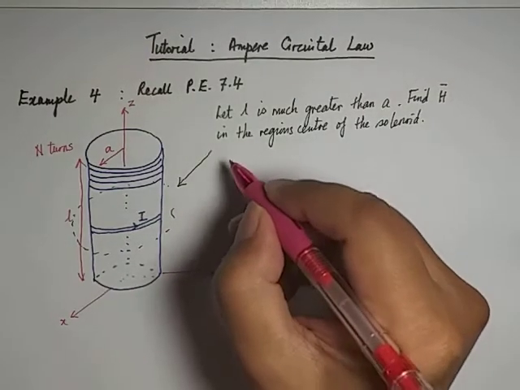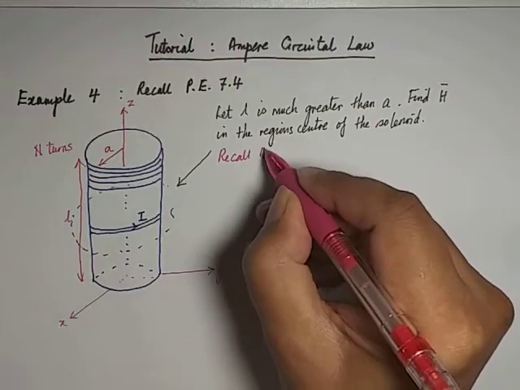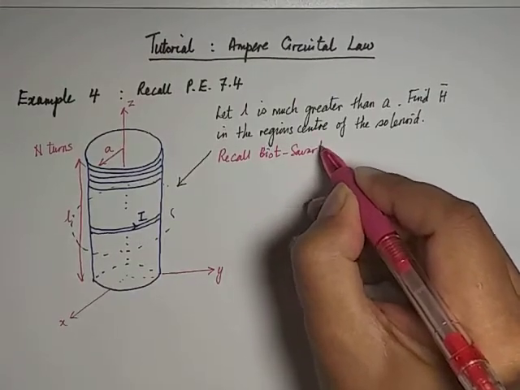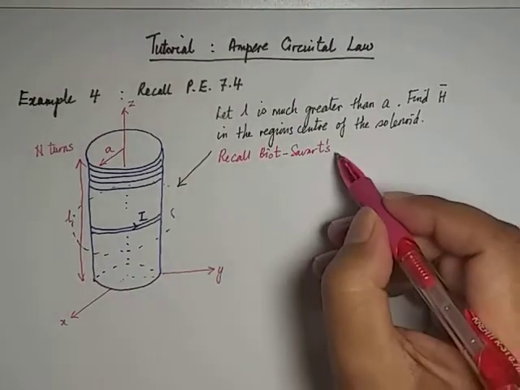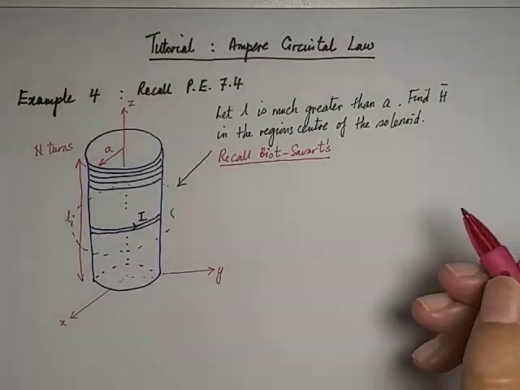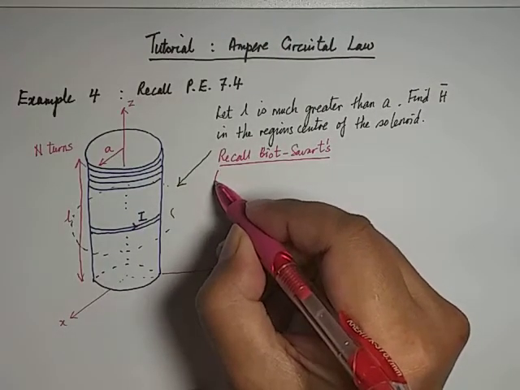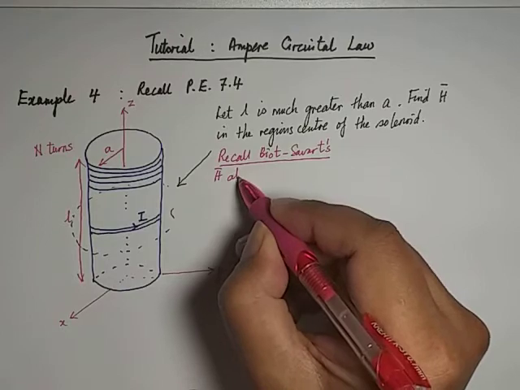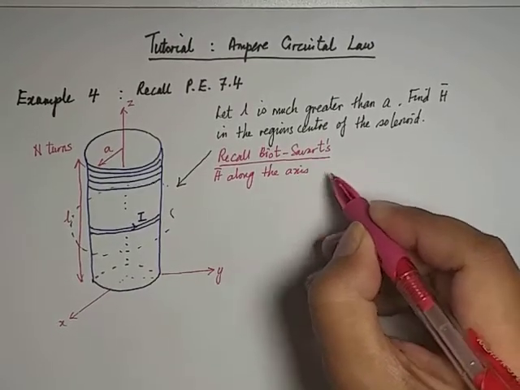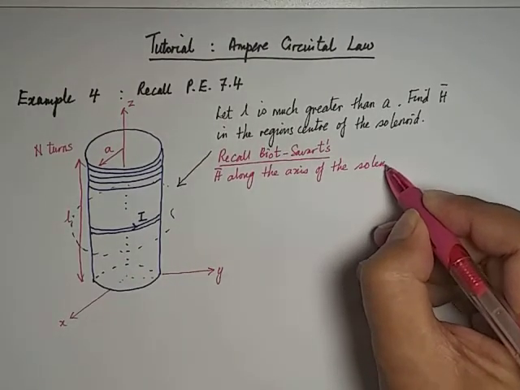So I'm going to put a statement here: recall Biot-Savart. We're going to recall the problem that we solved under Biot-Savart. What we managed to do, we said that the H along the axis of the solenoid is equal to what?